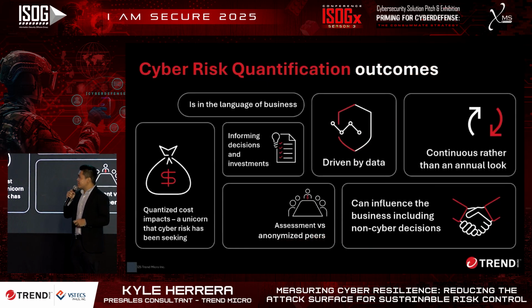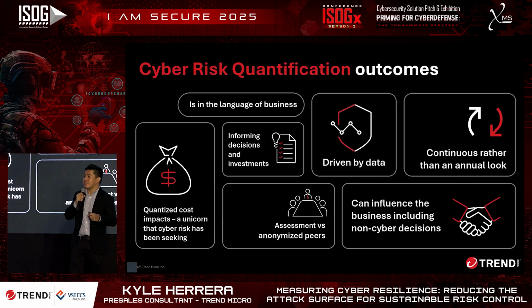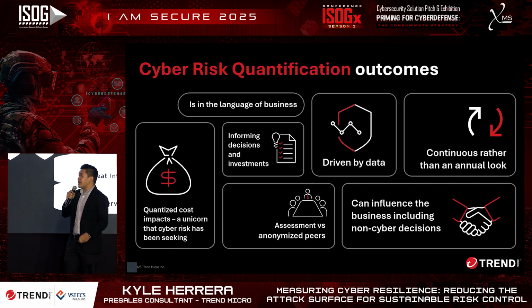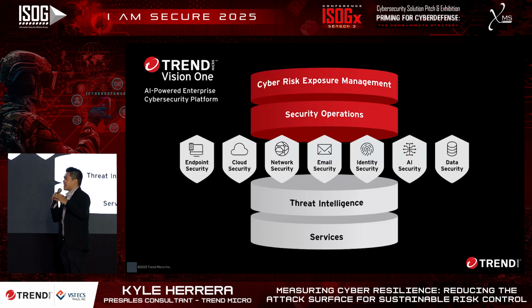So the potential outcomes, and actually what we want cyber risk quantification to do, is that we would be able to provide an actual cost figure, and of course this would be driven by data, fed by TrendMicro, and also data fed by our customers. So in summary, these are all fed via the Trend Vision One console, which is the actual platform used by TrendMicro right now.